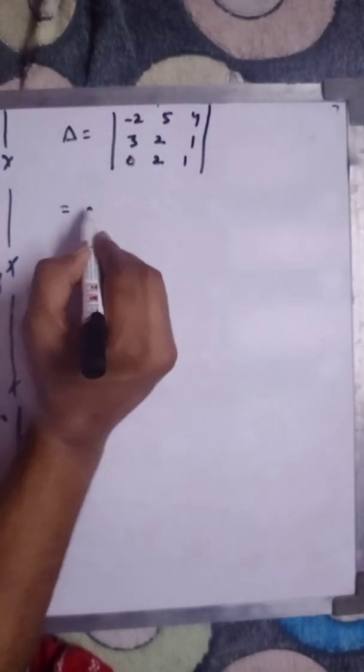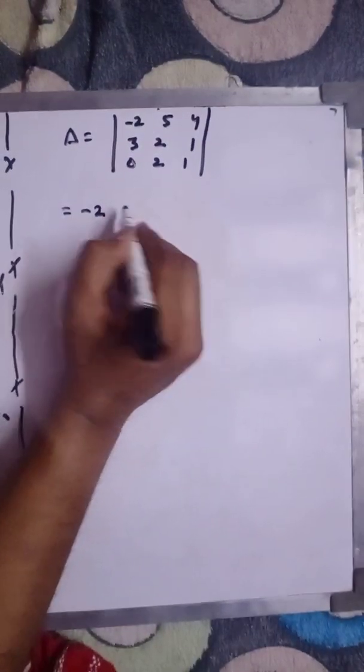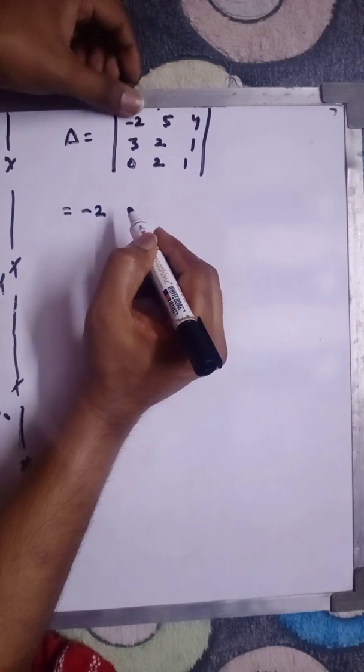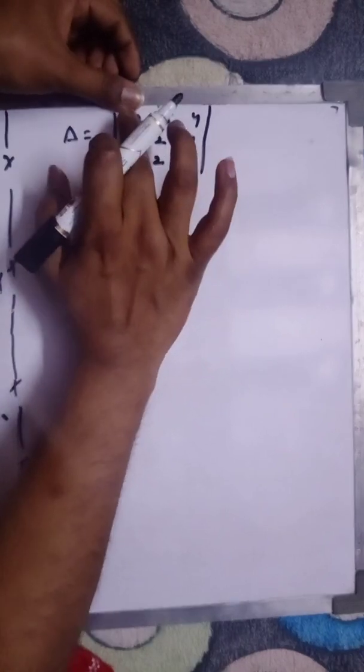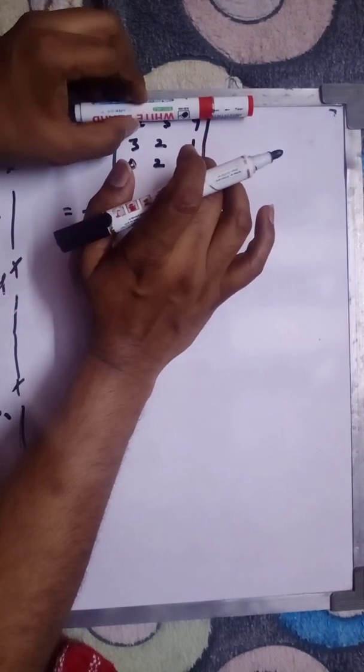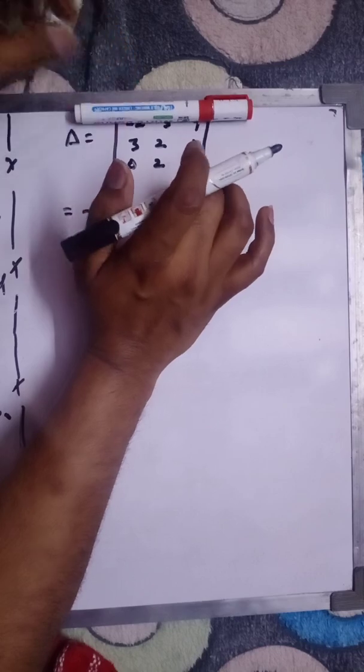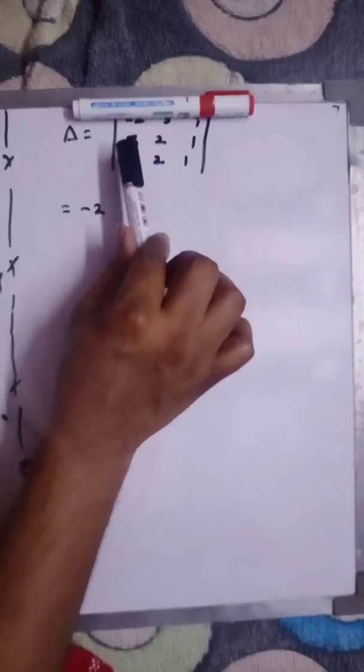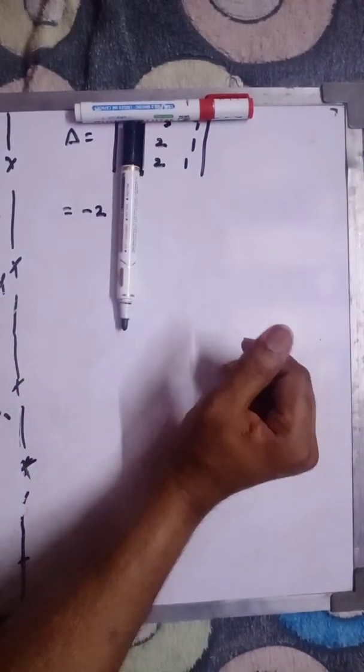So first of all, I'm taking the element -2. Fine. Then you have to check in which row and which column this -2 is coming. So it is coming in this row and this column. So you have to hide this row in which the -2 is coming and this column. Fine.